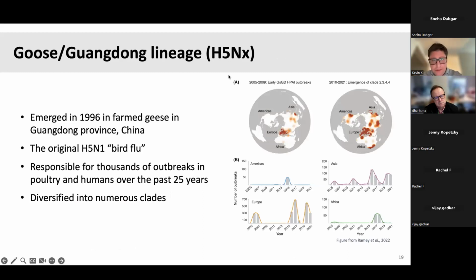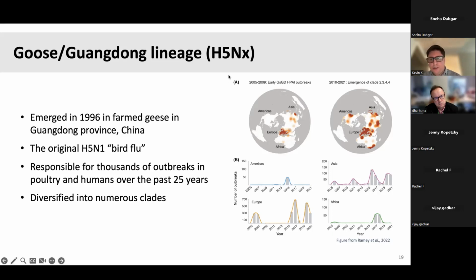Now, before we get to the results, I just want to take a couple minutes to introduce the Goose Guangdong lineage of H5 viruses, because we're going to talk a lot about them today. They are currently public enemy number 1, and they are the global surveillance priority. This lineage emerged in farmed geese in Guangdong province, China in 1996.